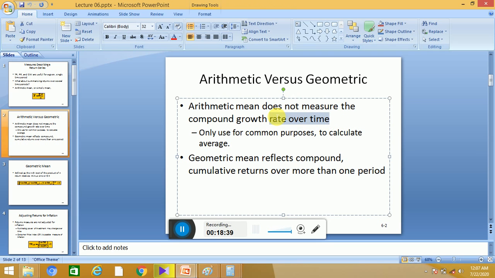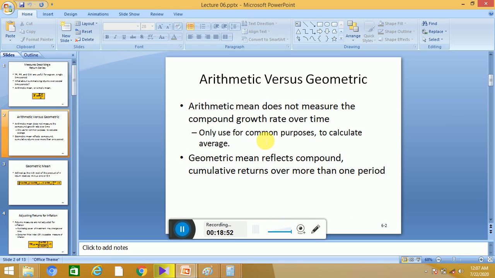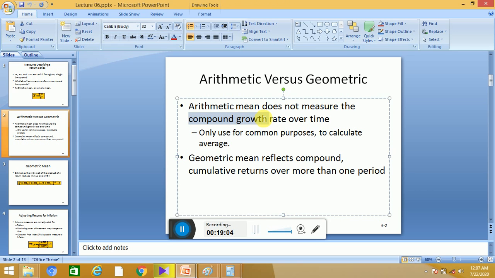It is only used for common purposes to calculate the average for different periods of time. So there is a problem that it is not measuring the compound growth rate over time.